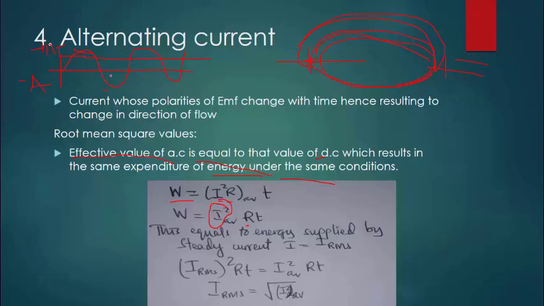We have various I squares here because current is changing with time. So the average of all those I squares is what we mean here. This equals the energy supplied by a steady current, the effective value now. The effective value ni sasa na steady current fulani, which we call the root mean square.